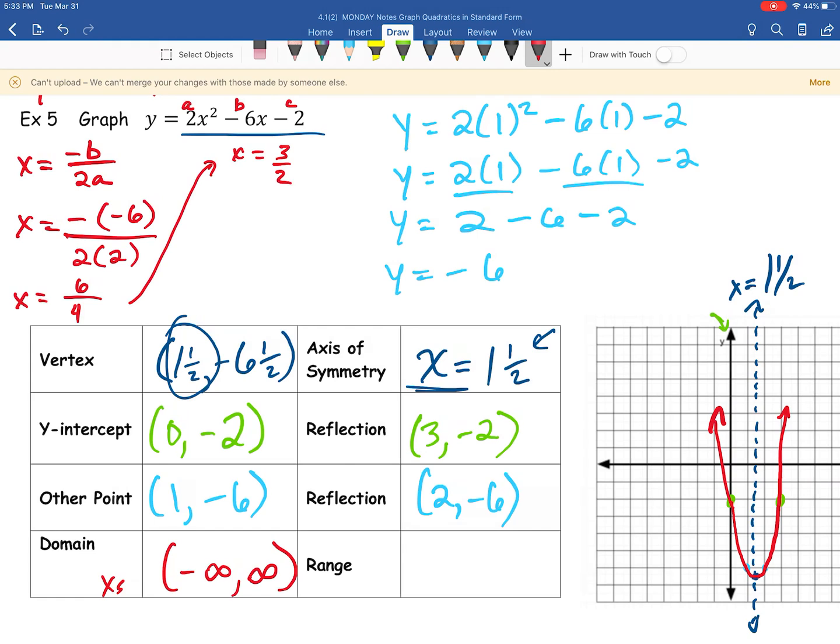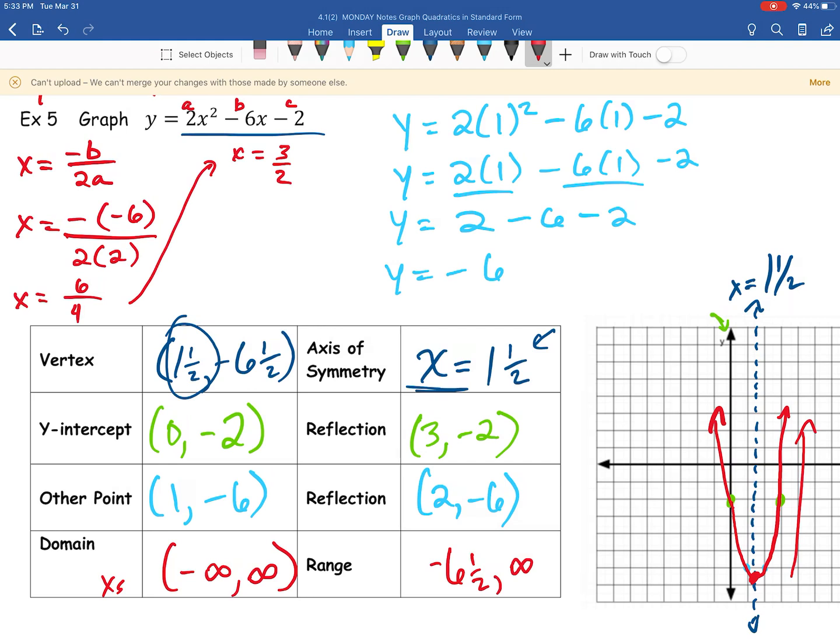Because we have a U facing upwards, we create a minimum value there. And again, we read ranges from bottom to top. That minimum value there is negative 6.5. And as we can see, it's going upwards towards positive infinity.